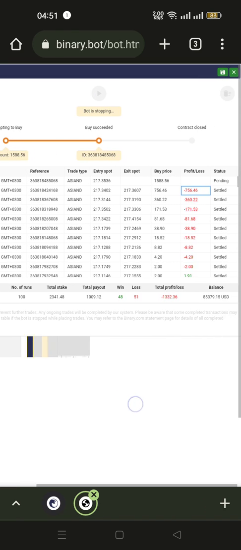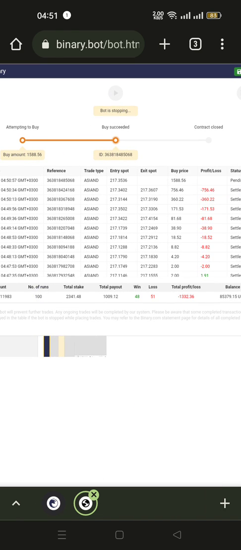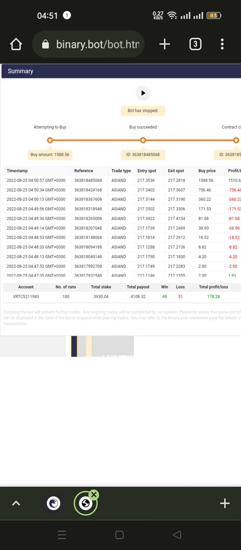We stop because it has hit 100 rands here. You be disciplined and you make sure you stop before it completes the trade. We've recovered on the last one. So we've closed this trade here at 100 rands.